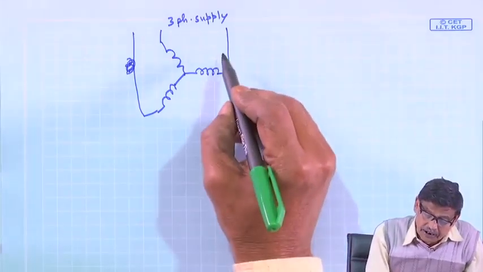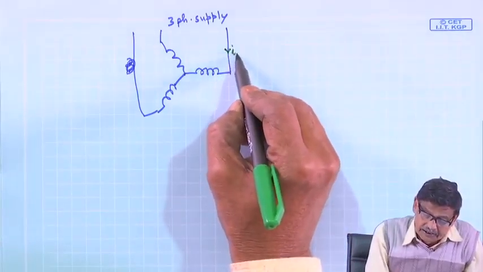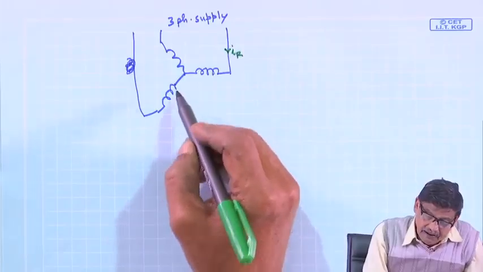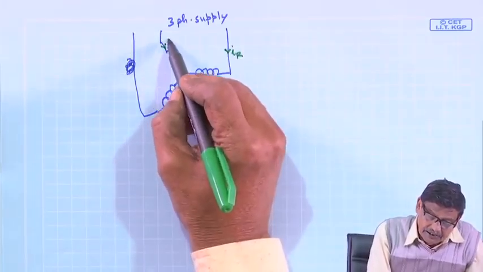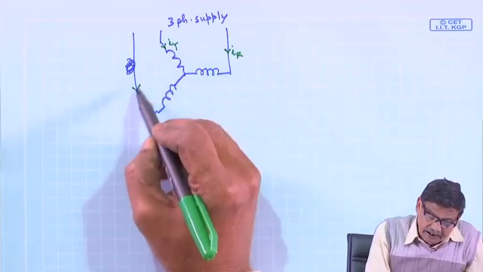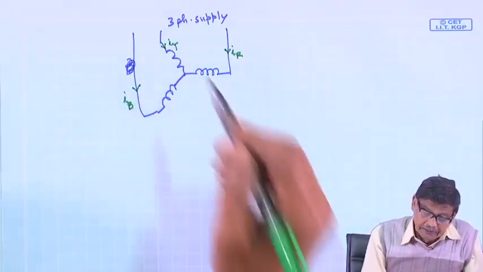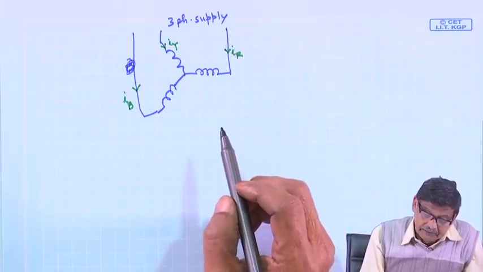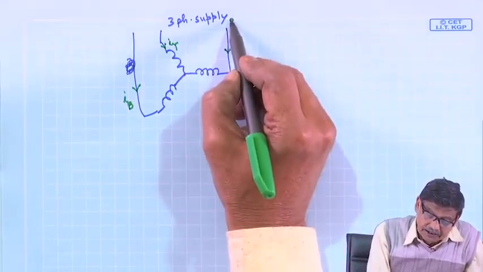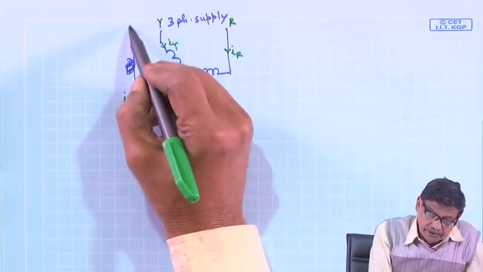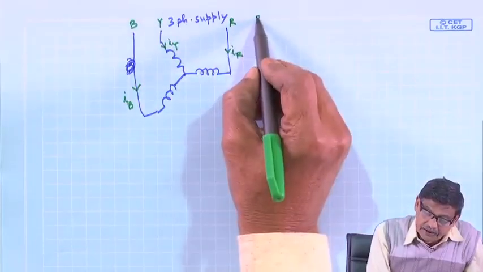So, it will draw current IR, suppose this is IY and this is IB. Okay. And supply R is also connected here, supply Y, supply B, and the phase sequence is RYB.